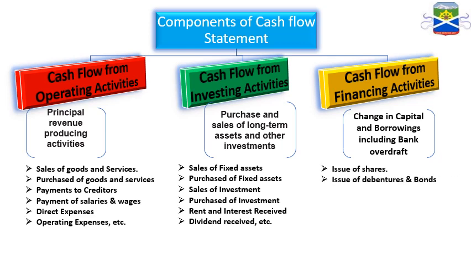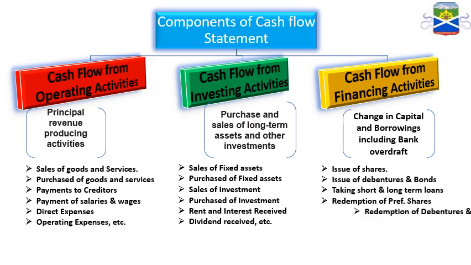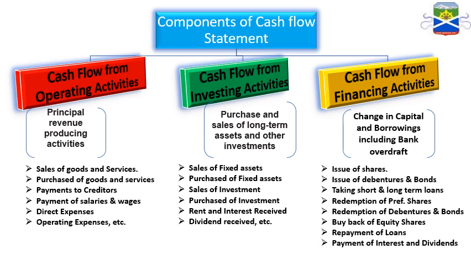The issue of shares includes issue of debentures and bonds, taking short-term loans and advances, redemption of preference share, redemption of debentures and bonds, buyback of equity share, repayment of loans, payment of interest and dividend, and bank overdraft, etc. These are coming under cash flow from financing activities.